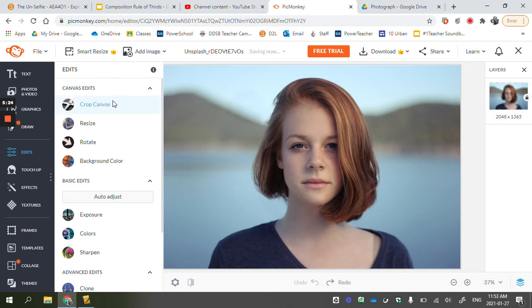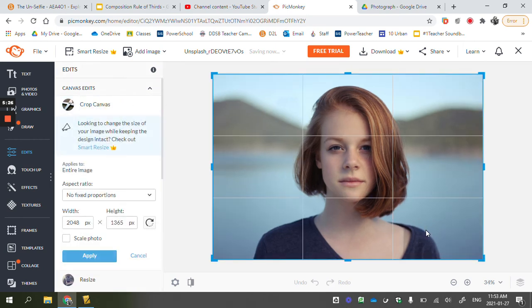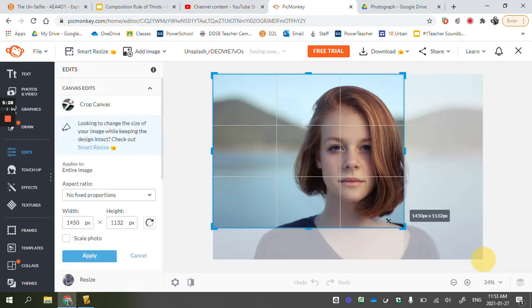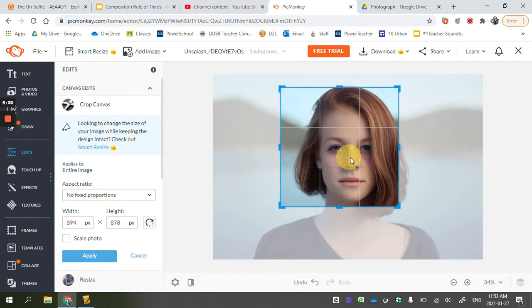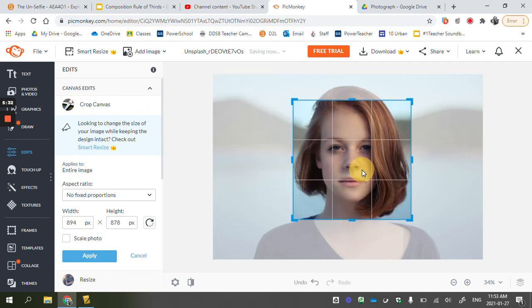Another thing I can do, when you are cropping and moving it around, is maybe I really want to focus a lot on her gaze. And it's okay if I cut off some of the head and some of the shoulders, because some of this is balanced here. So let's see how that's different.